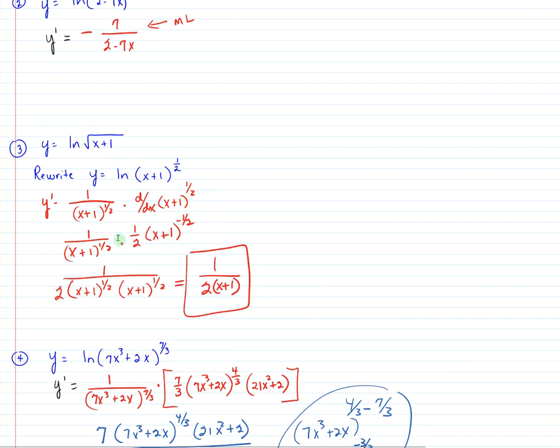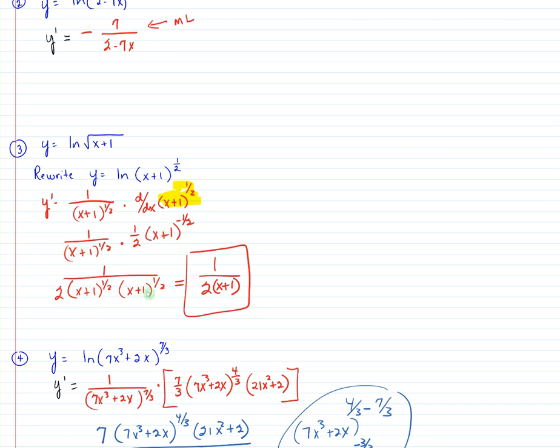Now if we take the derivative here, 1/2 goes to the front, and then we have a negative 1/2 left as the exponent. So let's think about everything that's on the bottom. We have 1's on the top. This 2 is on the bottom. This denominator is on the bottom.